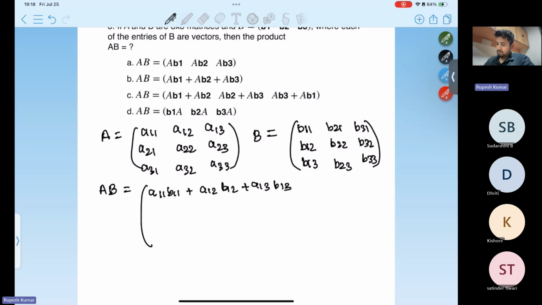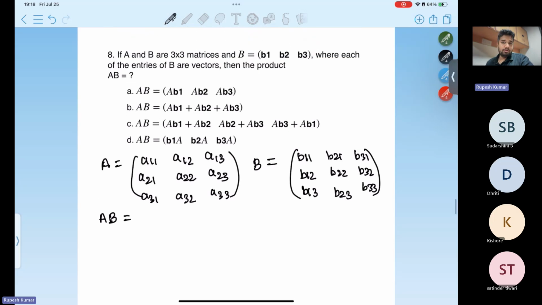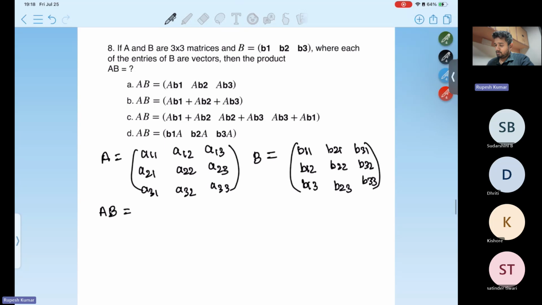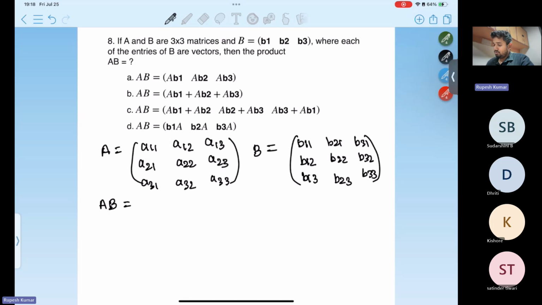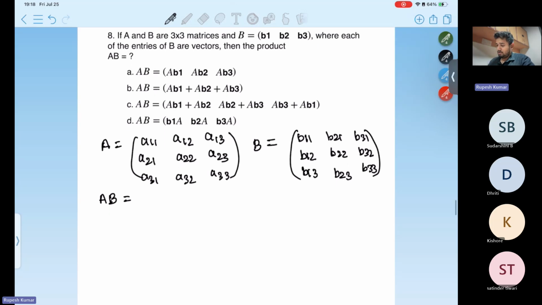You know these matrix vector products, right? Sometimes it's good to start with the options given to try to identify which pattern is correct. But you will eventually have to prove which one is correct. So let's start with the first option, AB equals, but again, you will have to prove that this is not right. So let's start in the forward way only. Let's not look into the options.